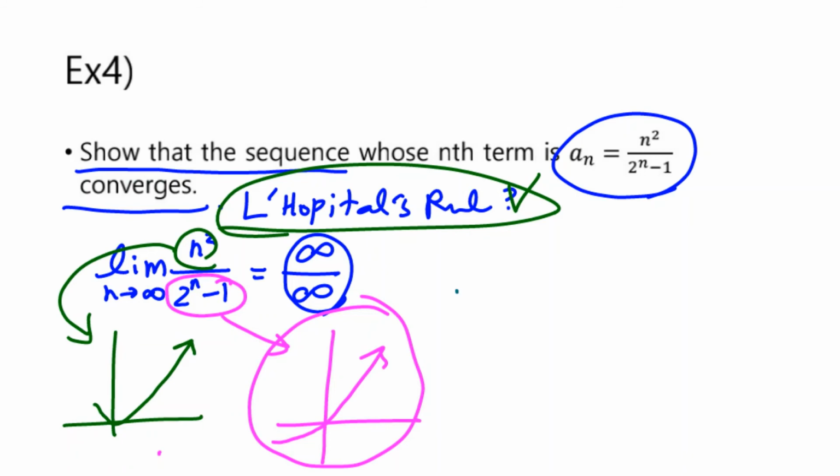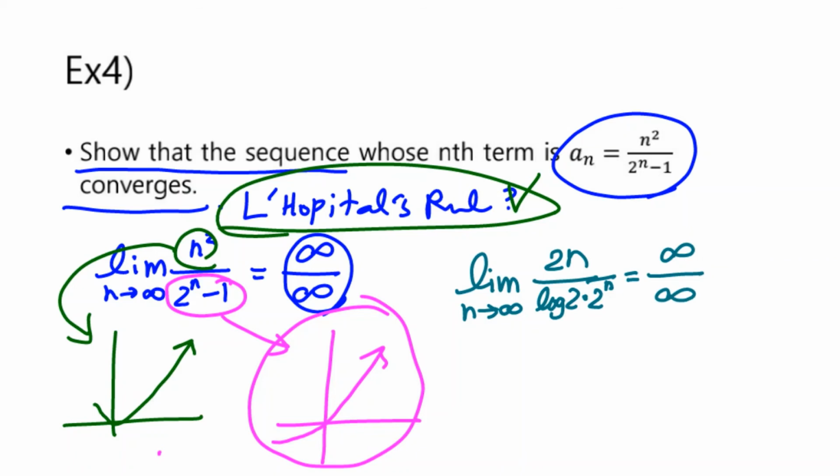We are going to differentiate the top and the bottom. For n squared, the derivative is 2n. For 2 to the nth power minus 1, the derivative is log 2 times 2 to the nth power, and the minus 1 is gone. Now it's another infinity over infinity form, but a little different.